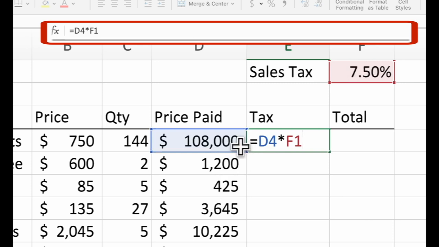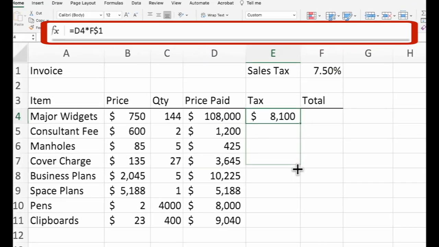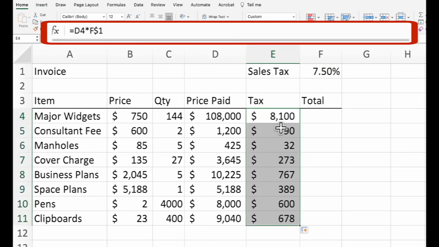I need the first figure to move down with me, but that second figure should always go to row 1. So I'm going to put a little $ sign in front of the 1. And that'll do it.